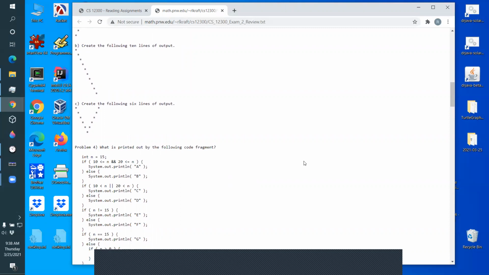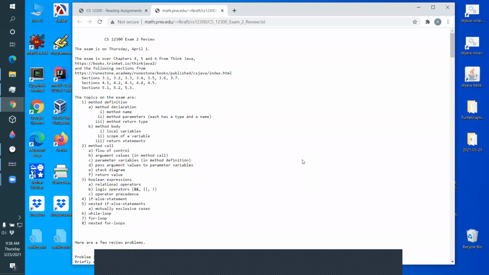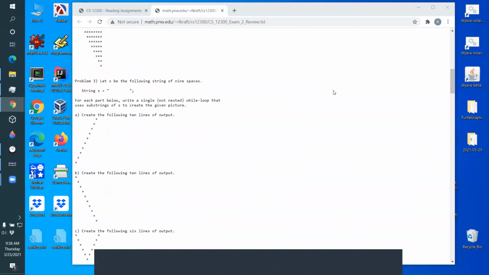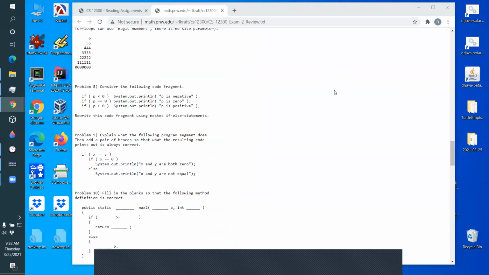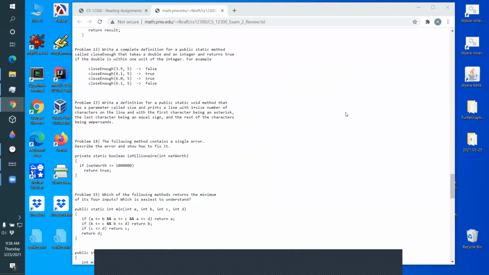Okay. What about any other question about the programming assignment, about the review problems? Can we do one of the method ones? Just for reference, here's how I do the review today. Like here, problem 12.